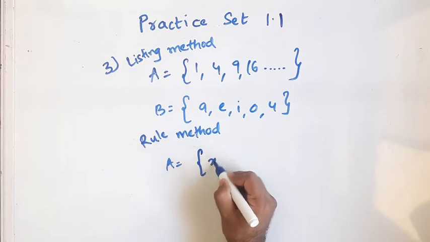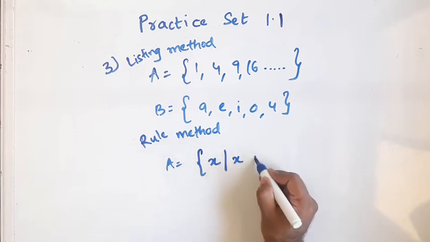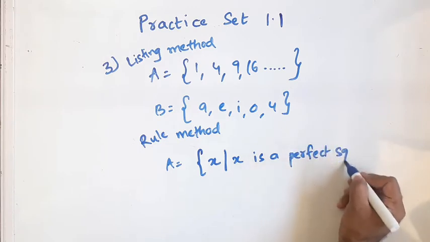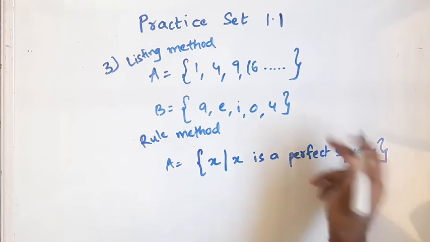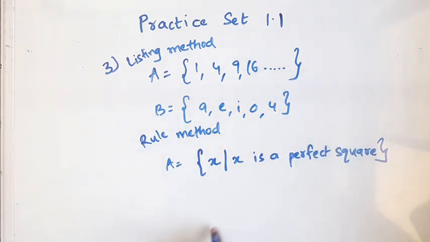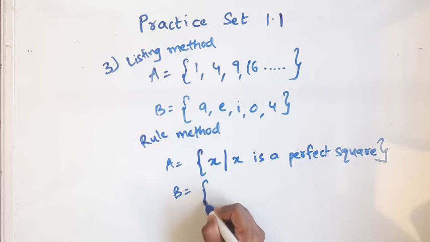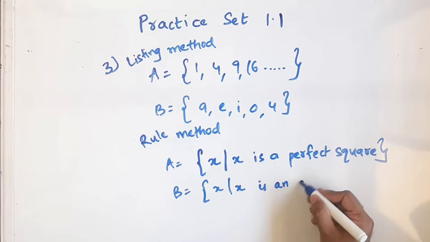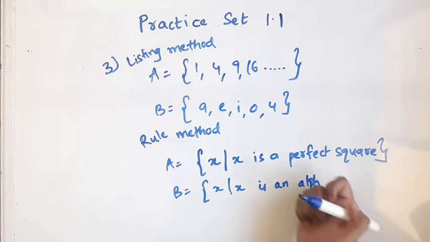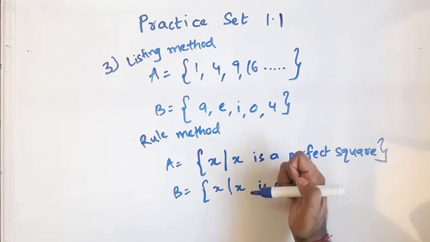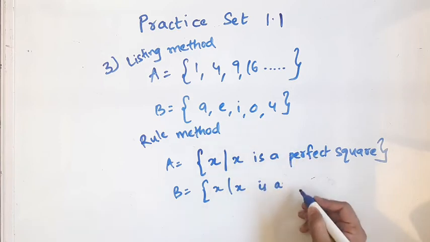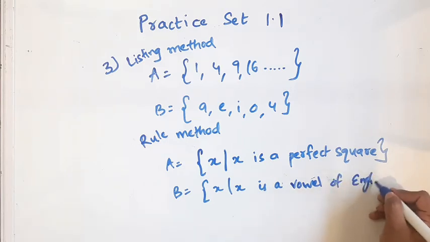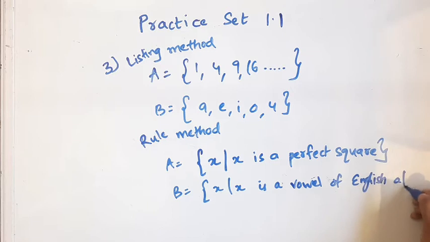A is a set of all x such that x is a perfect square. The same A I have written here in rule method. B is a set of all x such that x is an alphabet. I will not write alphabet, I'll write x is a vowel of English alphabet.